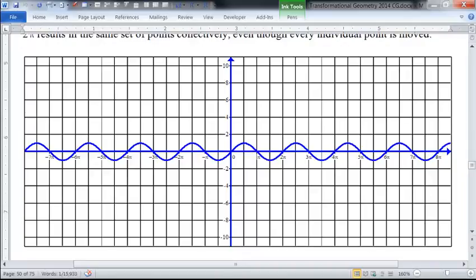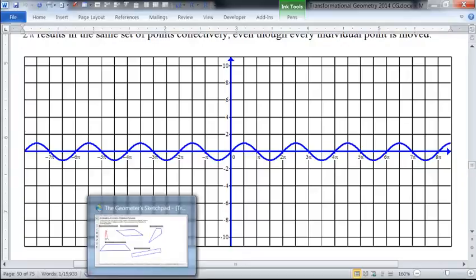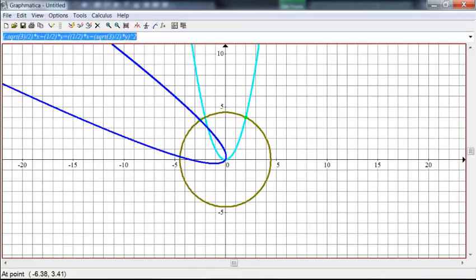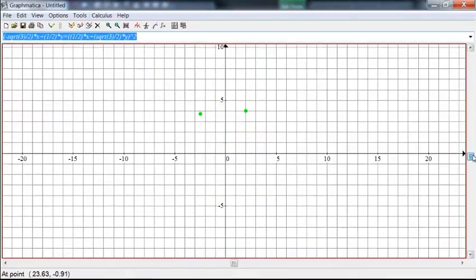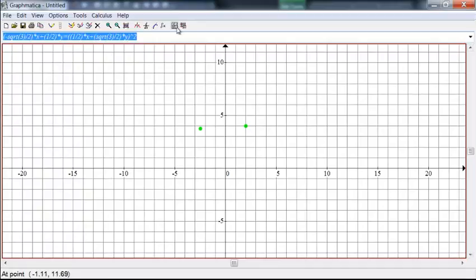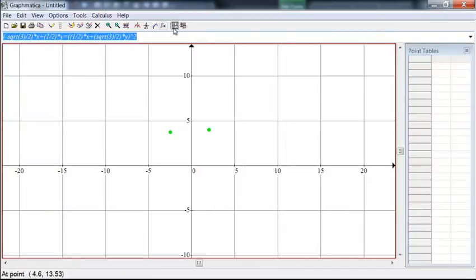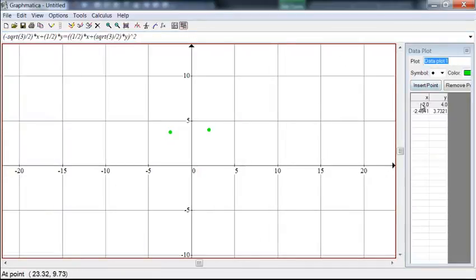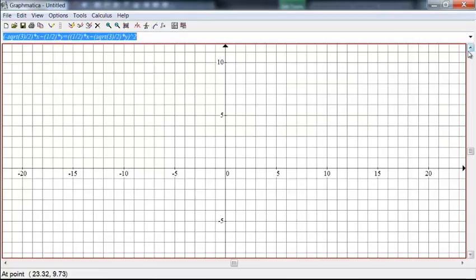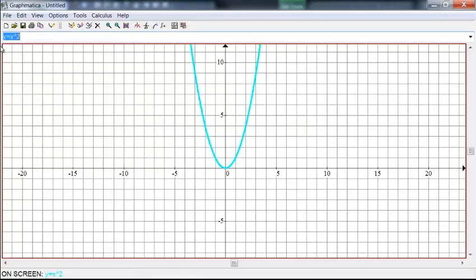So let's look some more here at some graphing. Okay, so if we clear this all out, and let me get rid of these points here. Suppose we graph something like y equals x squared.